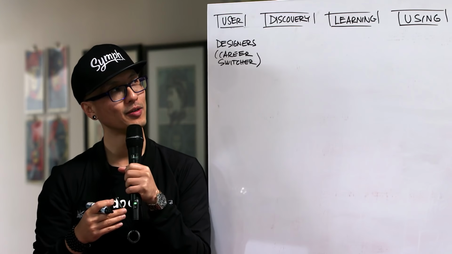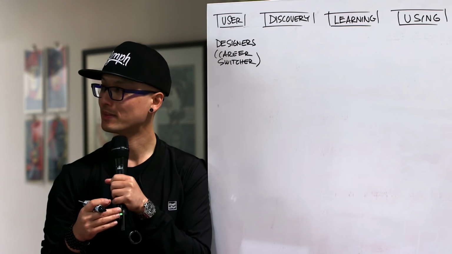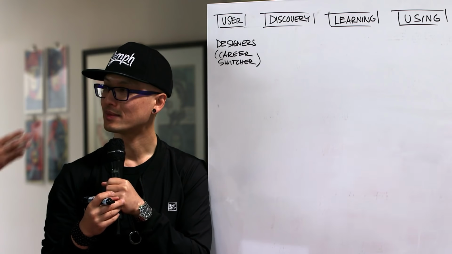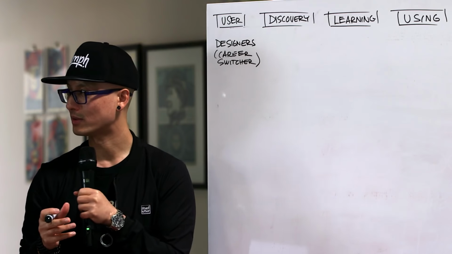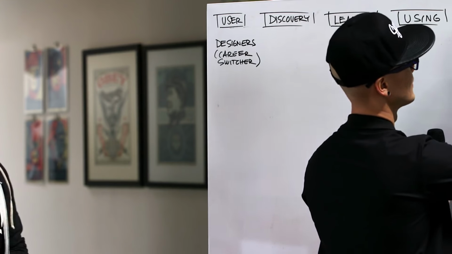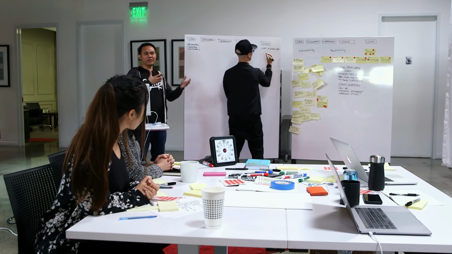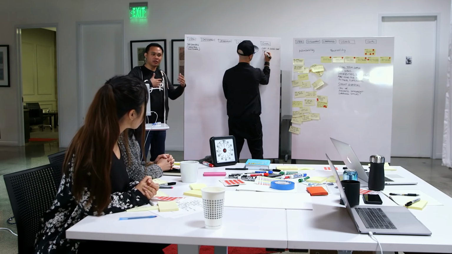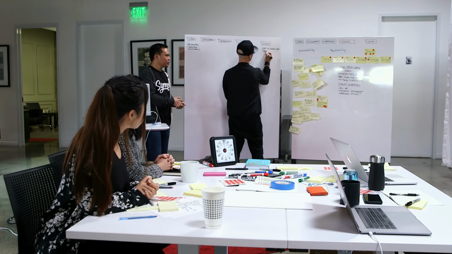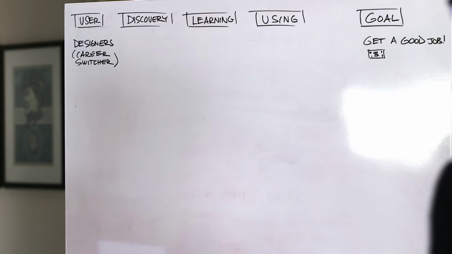So probably the end goal for one of our students is to get a job or start a company. Let's just pick one. Get a job. Okay, get a job. Now, it's important to know that it can be anything. With Blue Bottle Coffee, it can be buy beans, or it can be share their coffee experience with a friend on social media. It could be any end goal that you want. Okay, get a good job. Cool.